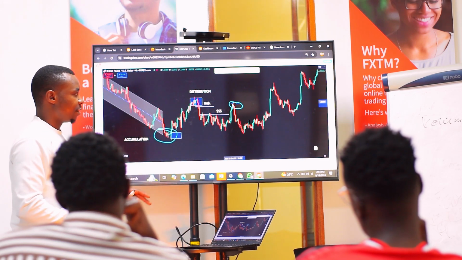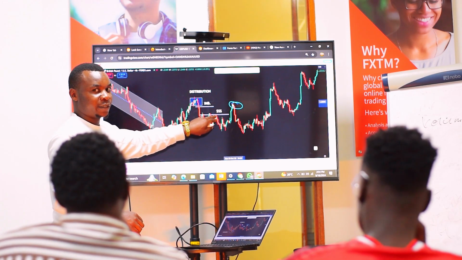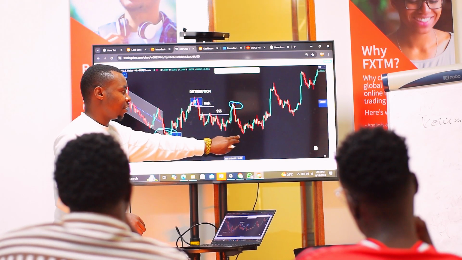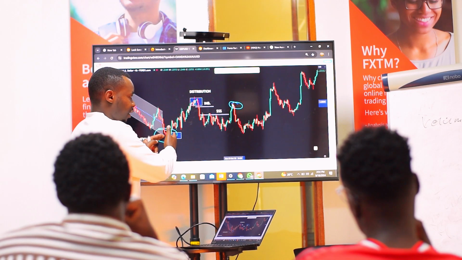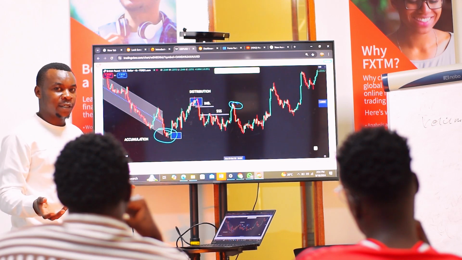So you see where the order was taken. Retail traders were taken out as liquidity. The market went to the smart money zone. Then we had a sell to where? Remember, we had an accumulation here where the entire zone is where we have buy orders.